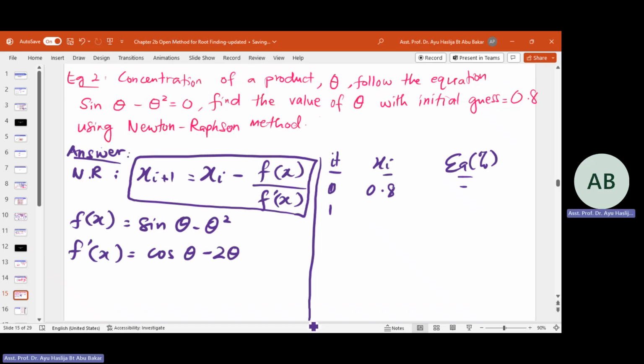Okay, I give you the hint. X1 will be 0.8856 with an EA of 9.66%.